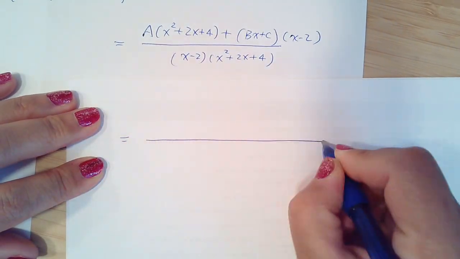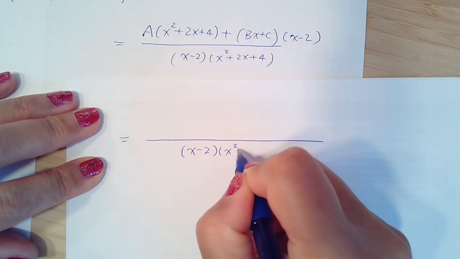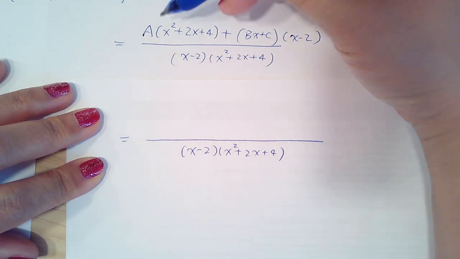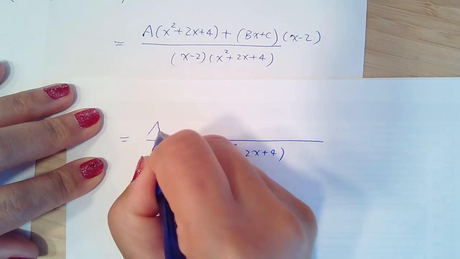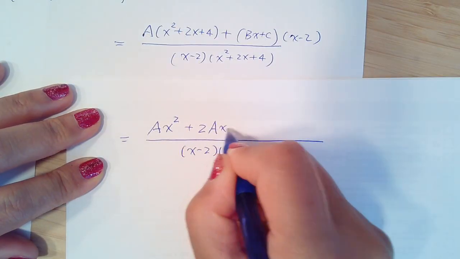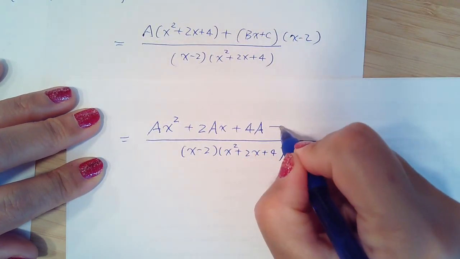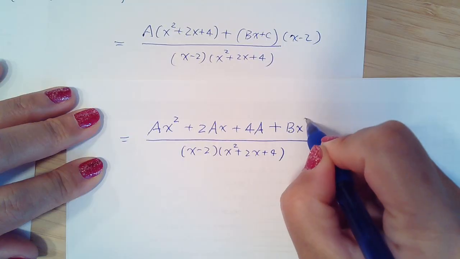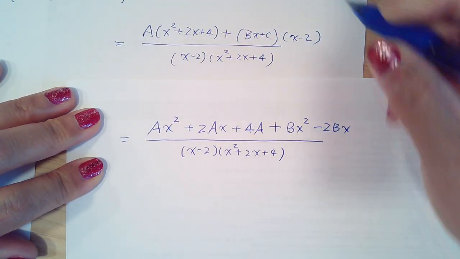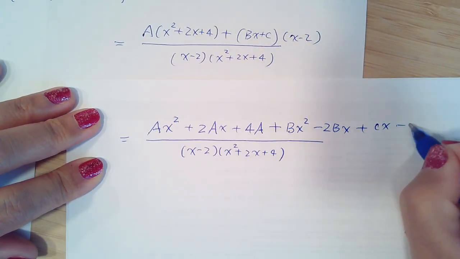If you're lazy, you don't need to write the denominator, because you know it's going to be the same thing. Then I distribute: ax squared plus 2ax plus 4a. And then I use the FOIL method: bx squared is the outer, minus 2bx is the inner, cx, and the last is minus 2c.